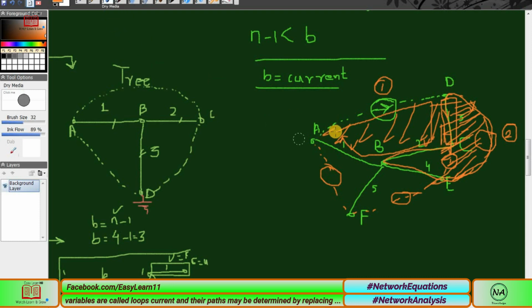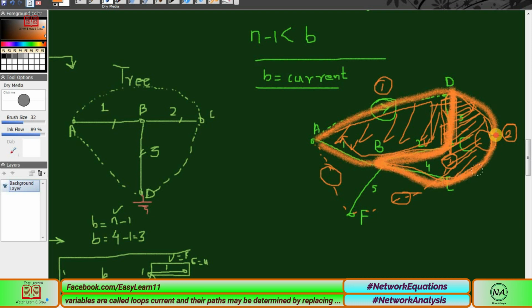If I just bold it, this is one loop, and this is another loop. But overall, the point, line number 3, has 2 currents.